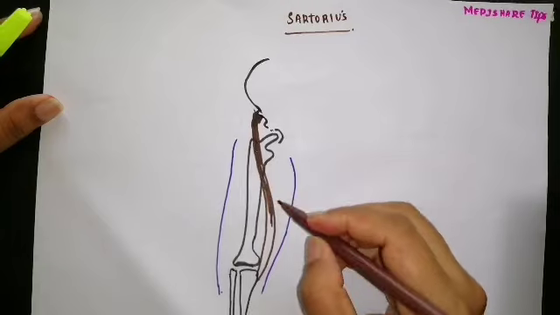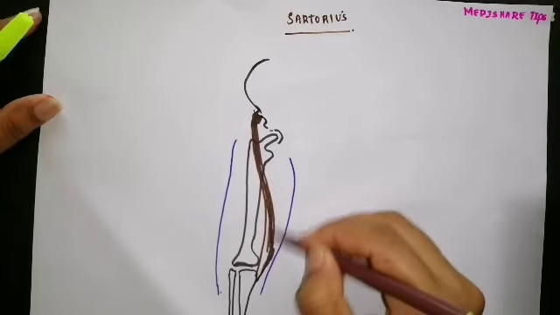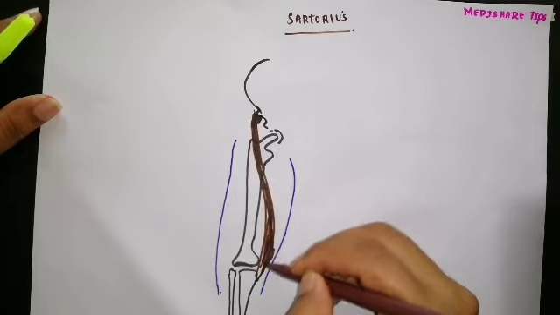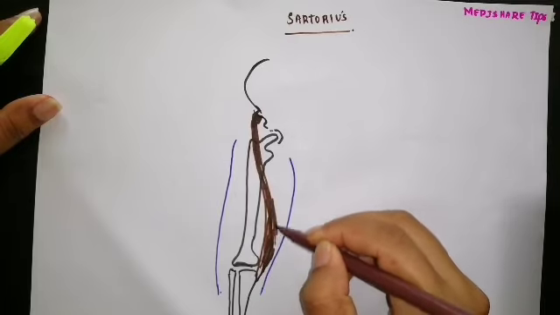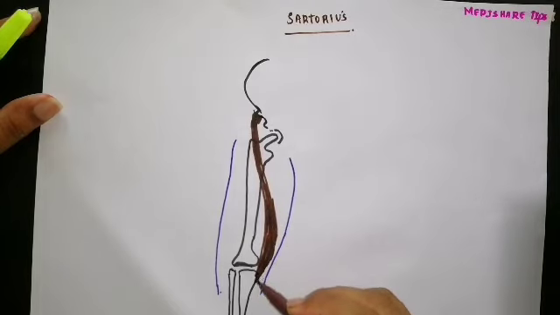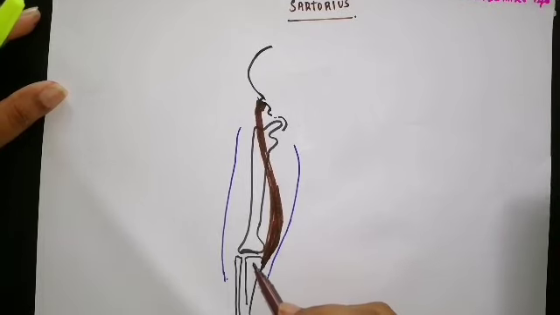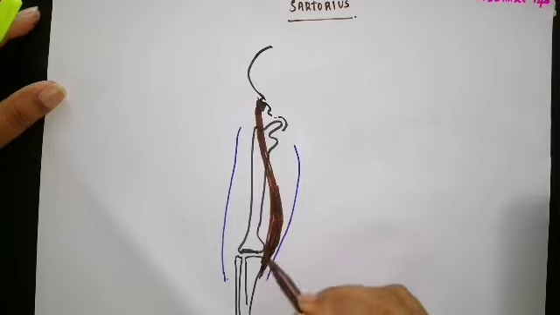So this is the sartorius muscle. The insertion is to the upper part of the medial surface of the tibia. What you see here is the tibia. It is inserted into the upper part of the medial surface of the tibia here.